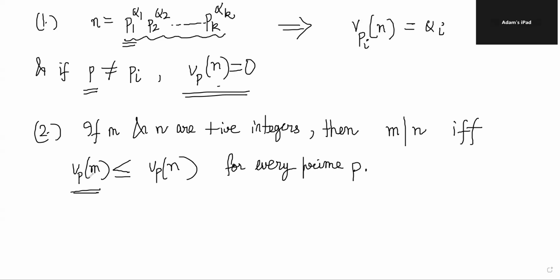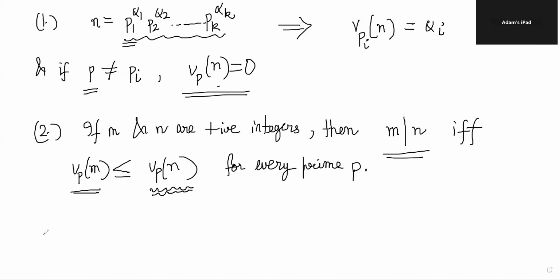And the same prime number, if you're looking in n, the highest power that appears is called v_p(n), right? If m divides n, then obviously the power here should be bigger than the power here. It cannot be the other way around. If this has three powers of 2 and this has only two powers of 2, then m cannot divide n.